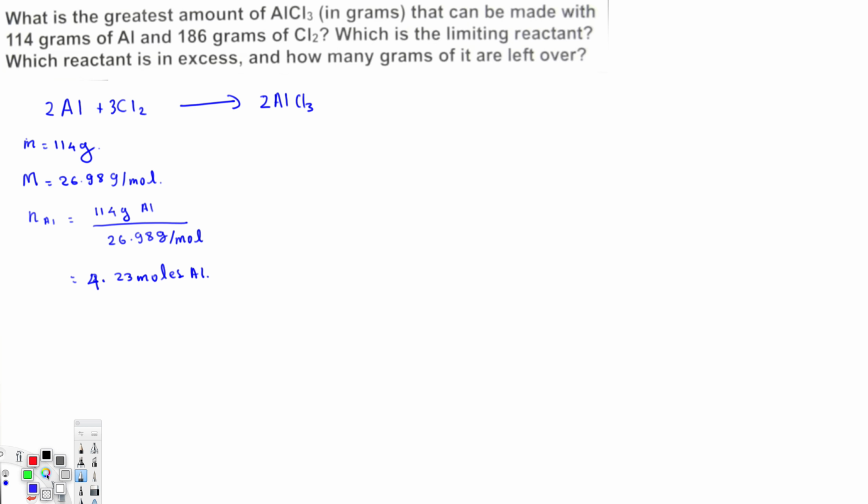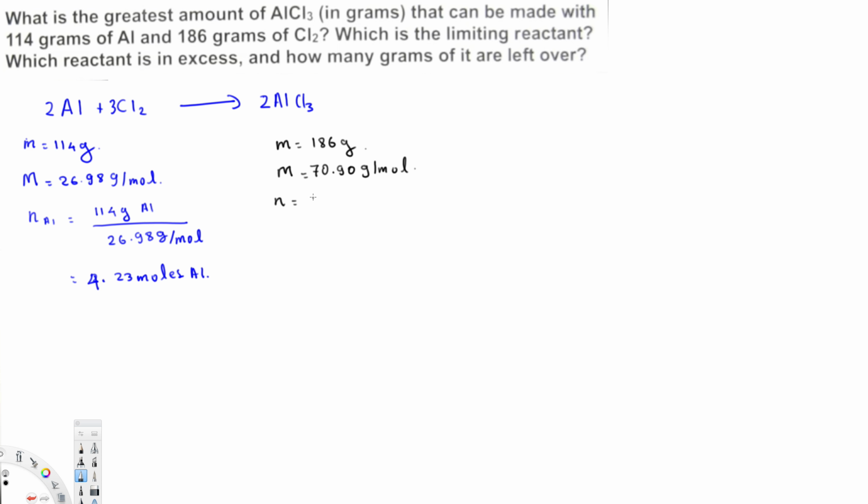So they have provided the mass of the Cl2, that is 186 gram. Molar mass of the Cl2 is 70.90 gram per mole. So to find the mole, we have to simply divide the mass by molar mass.